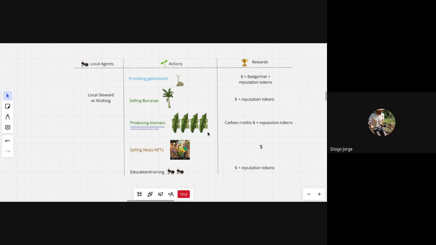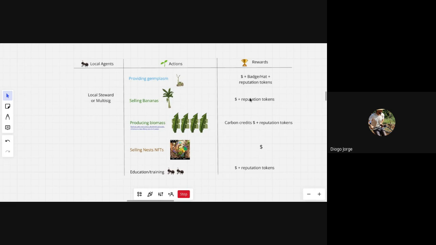It can have rewards from selling the NFTs, financial reward. It can also have rewards, financial and reputation tokens for education and training. So basically, in every action here, there is a type of reward.